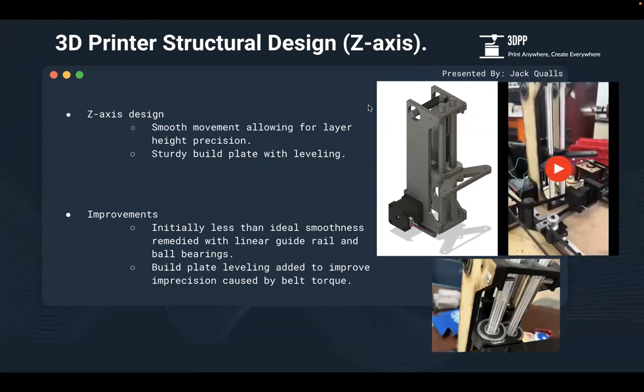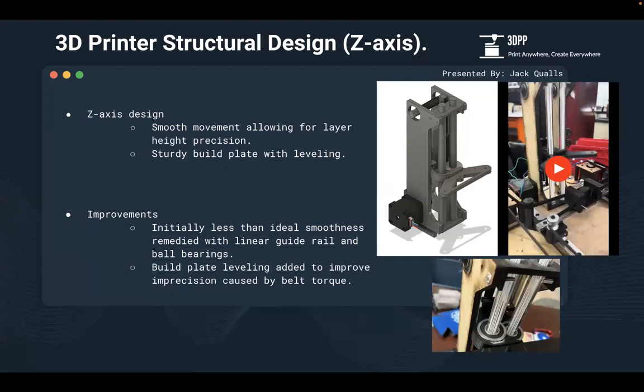To remedy that, we came up with a design that added some ball bearings that more smoothly slid along the acrylic rods that are included in the design, as well as including a linear guide rail that would keep the entire build plate at a 90-degree angle with the motion of the Z-axis. This overall allowed us to improve the quality of our prints quite a bit, allowing for minimal movement, especially when we got to higher layers.